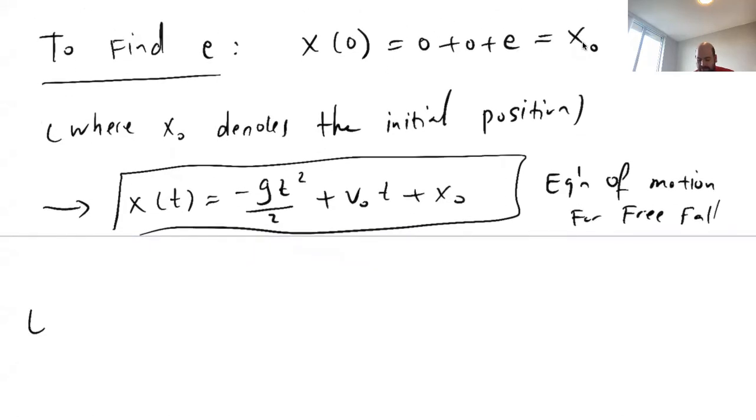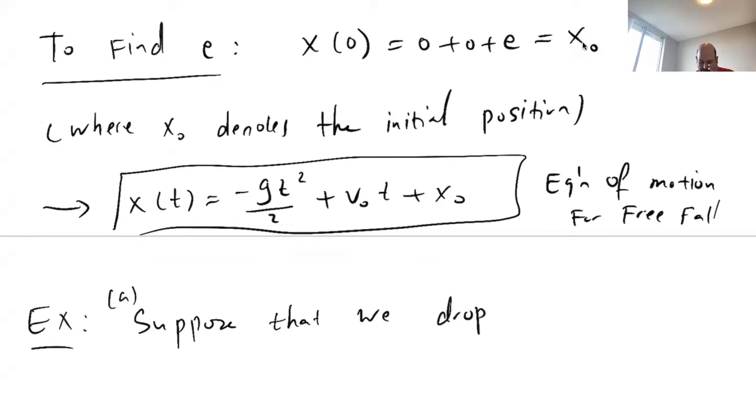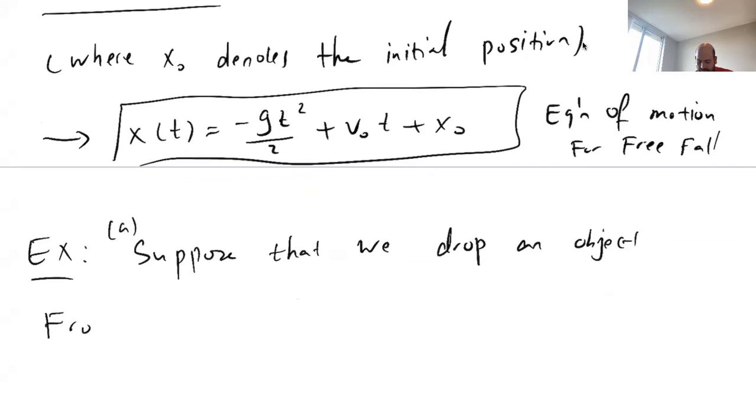Okay, so let's look at an example. Suppose that, let's say part A, we drop an object from the height 20 meters above the ground.